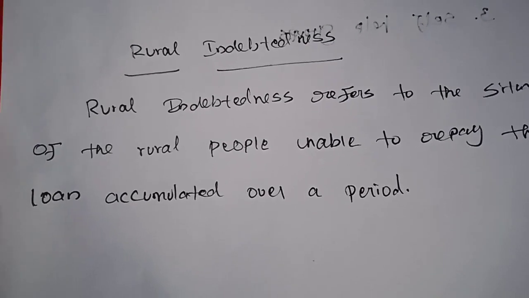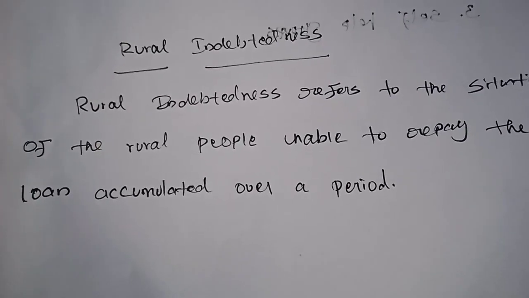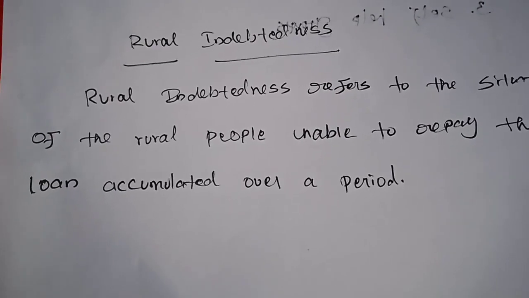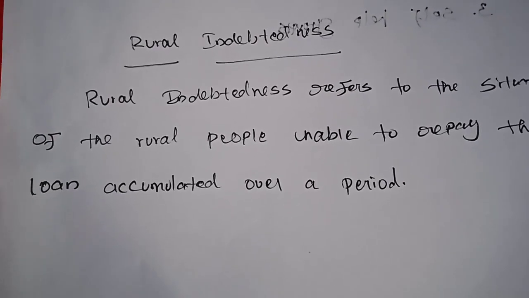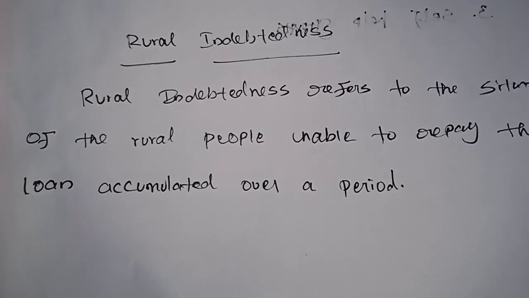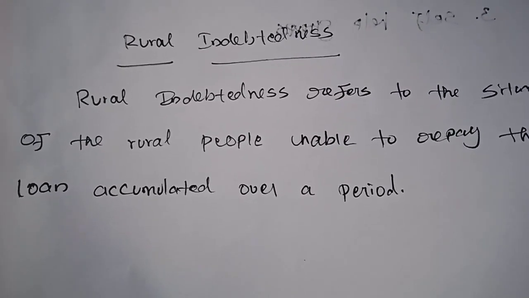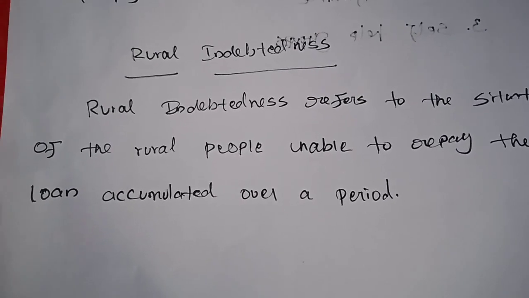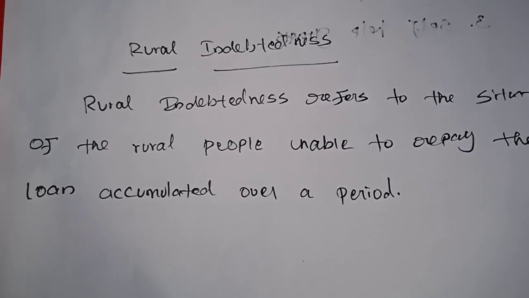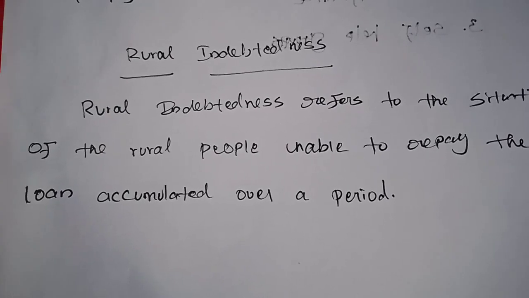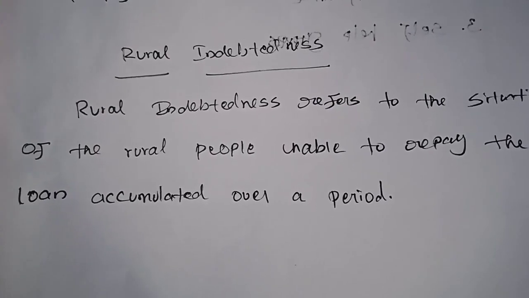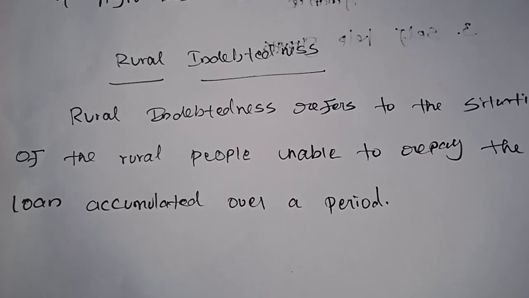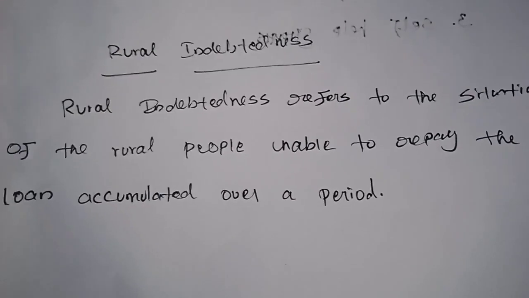Already we have studied that many rural people depend upon the agricultural sector, and that in this sector seasonal unemployment and disguised unemployment exist. Because of this, many farmers are unable to earn more money, and agriculture also depends on natural factors like rain and water facilities.